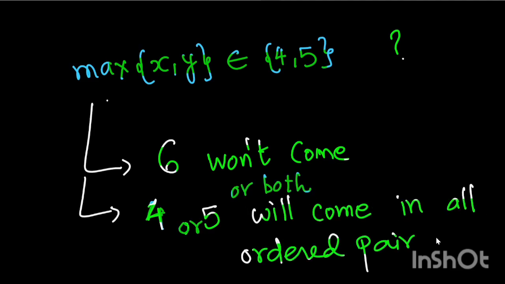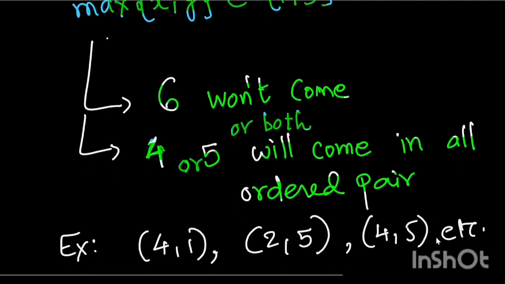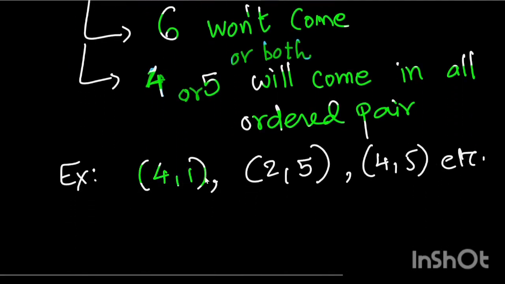The maximum value in any ordered pair can be 4 or 5. That is the meaning. So any ordered pair can be (4, 1), (2, 5), (4, 5). At least one would be present out of 4 and 5.